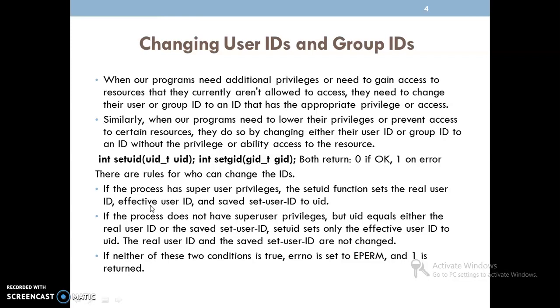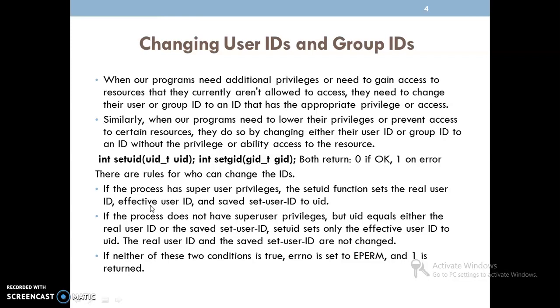If the process does not have super user privileges, but UID equals either the real user ID or the saved set user ID of the calling process, in that case setuid sets only the effective user ID to UID. The real user ID and saved set user ID are not changed.